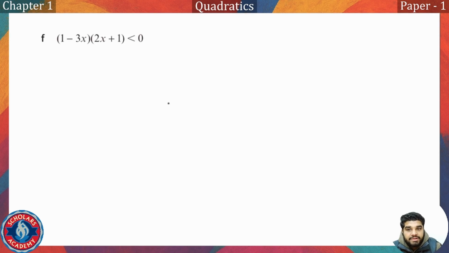We have over here these two factors. If I simplify it, what I will get is 1 − 3x equal to 0 and 2x + 1 equal to 0. From here I get x is equal to 1 by 3 and x is equal to −1 by 2.